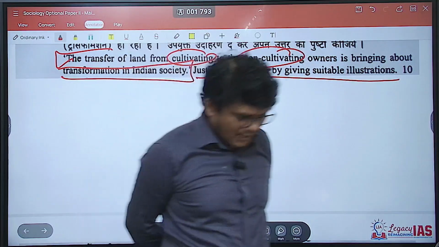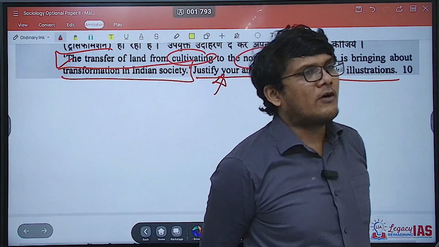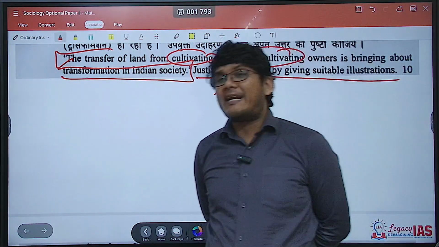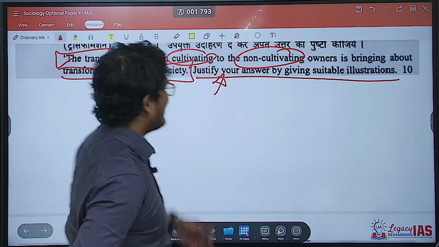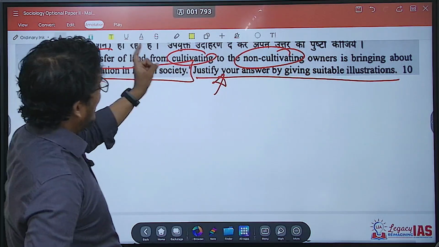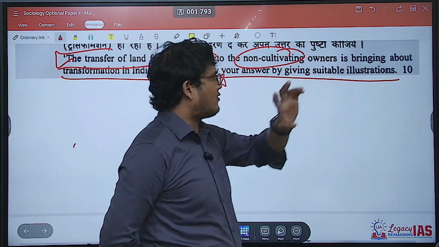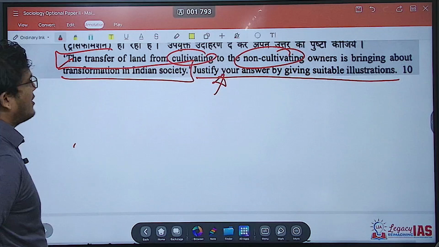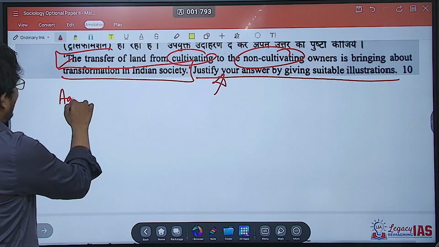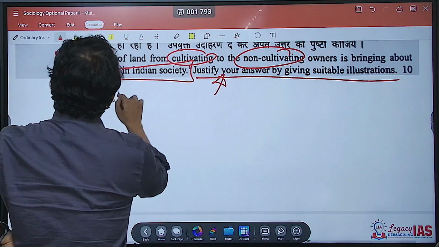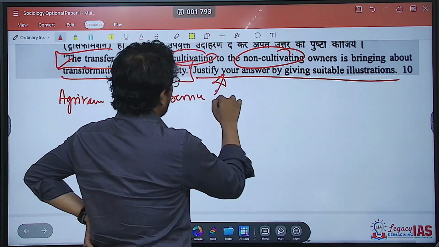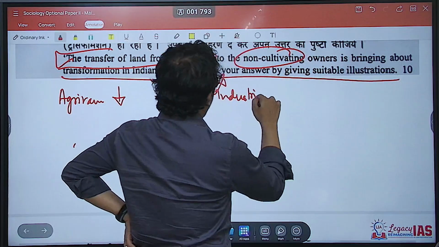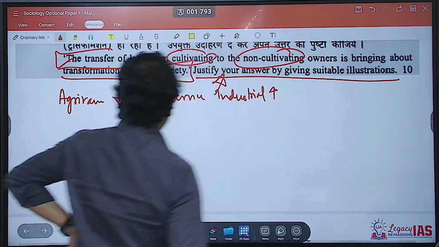Now in that, when the land is being sold, sometimes the agricultural land is sold, but later on it might be used for non-cultivation purposes. That is what is being asked. Transfer of land from cultivating to non-cultivating owners is bringing about transformation in Indian society. So basically the agrarian nature of the Indian society will go down, the service or the industrial nature of the society will go up. This is one thing.